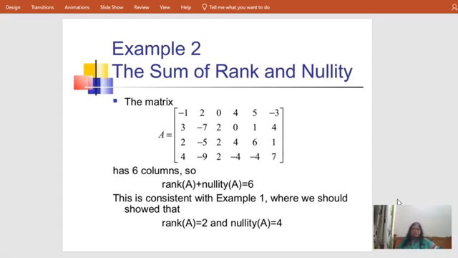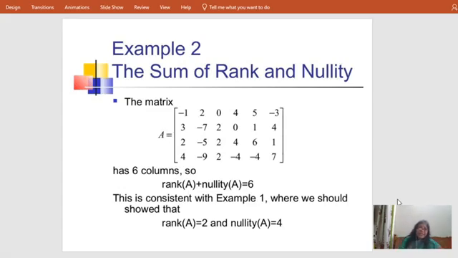In the previous PPT, we found that the row space of A consists of 2 elements. Only 2 rows are non-zero rows. All the remaining 2 rows are zero rows. Therefore, the basis of the row space has 2 elements. That means rank of A is equal to 2.